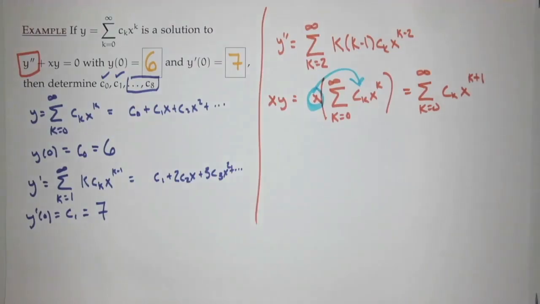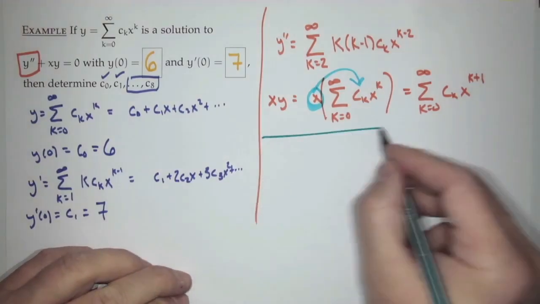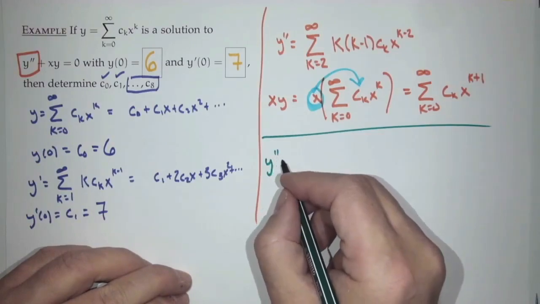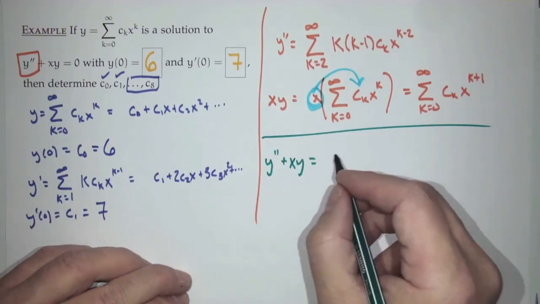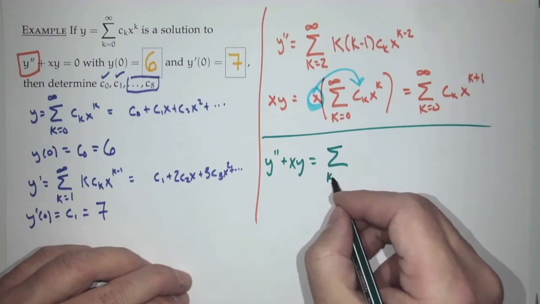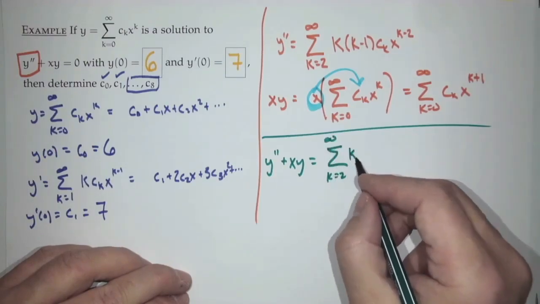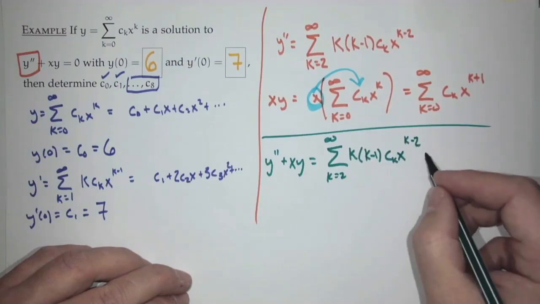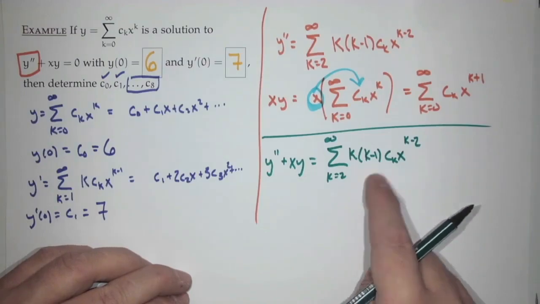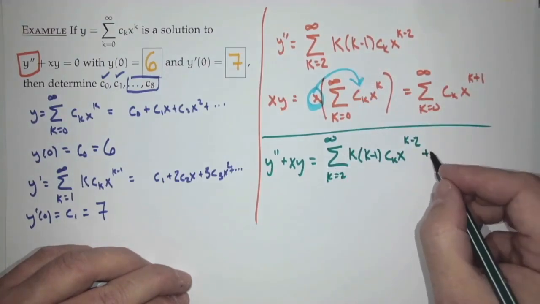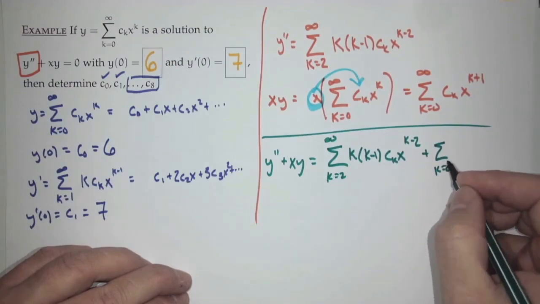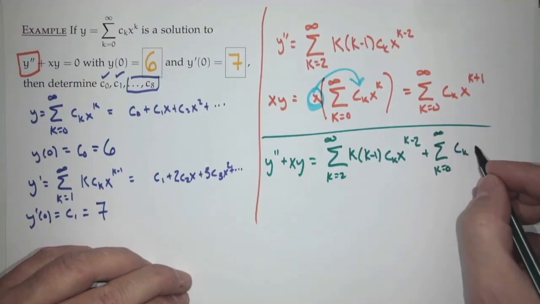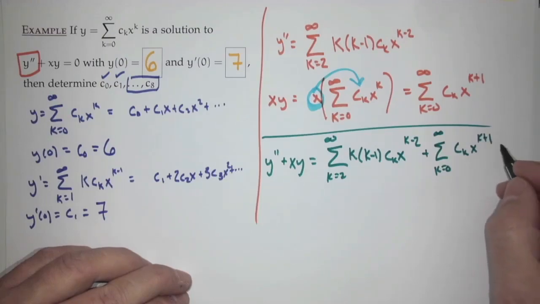All right. So let's put these two things together. Namely, y double prime plus xy, that's the sum, k equals 2 to infinity, k times k minus 1, c sub k, x to the power k minus 2. So that's the y double prime, just copying it down, plus the sum, k equals 0 to infinity, c sub k, x to the power k plus 1. And all of this will be equal to 0.